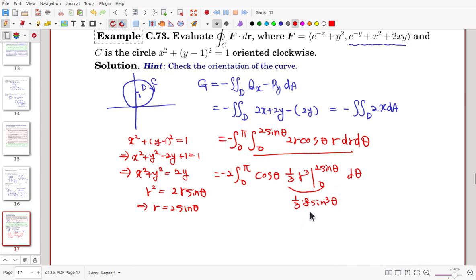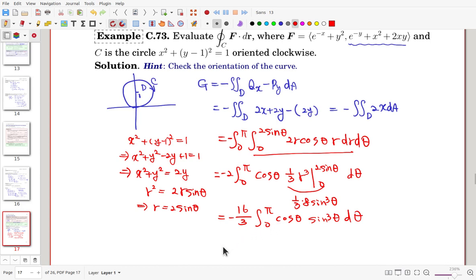So we can put this one in front of that. So that is now minus 16 over 3, from 0 to pi, of cosine theta sine cubed theta d theta.